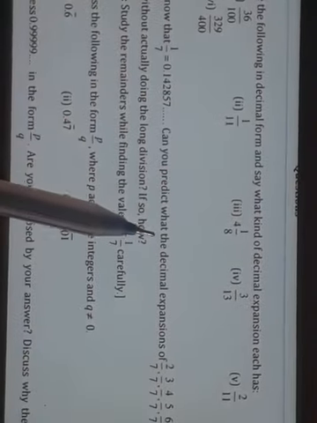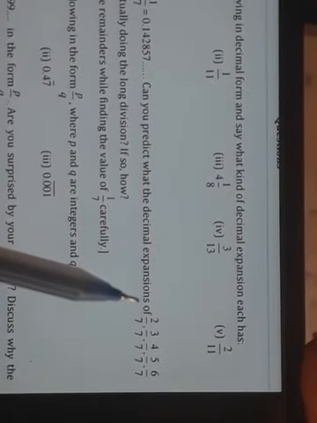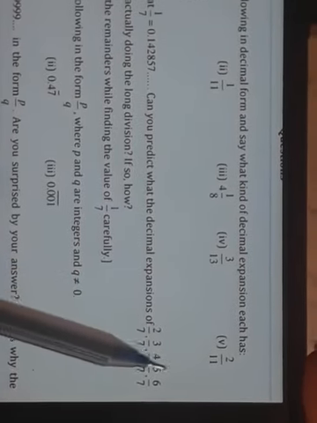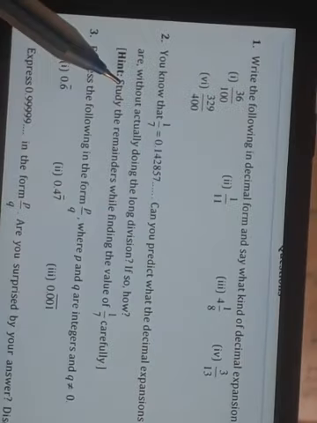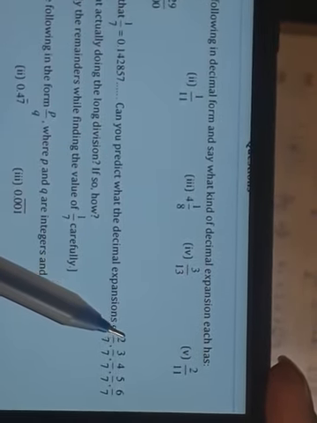Can you predict the decimal expansion of 2 by 7, 3 by 7, 4 by 7 and 6 by 7 without actually doing long division? It means we are not allowed to do 2 by 7. We have to figure out the value by the value of 1 by 7.